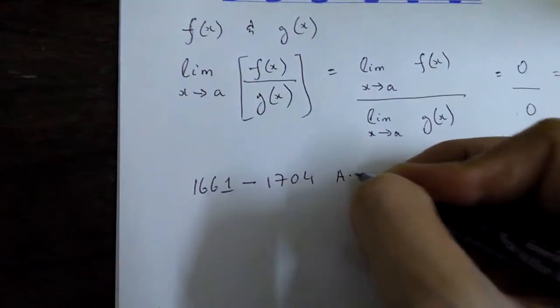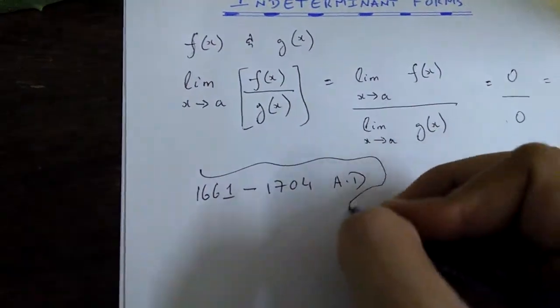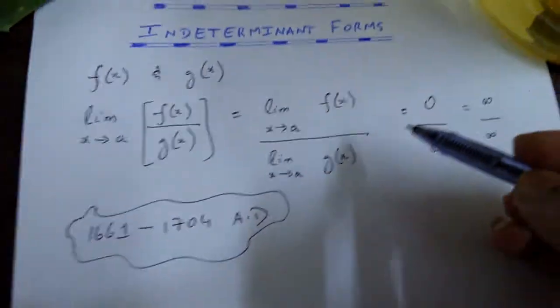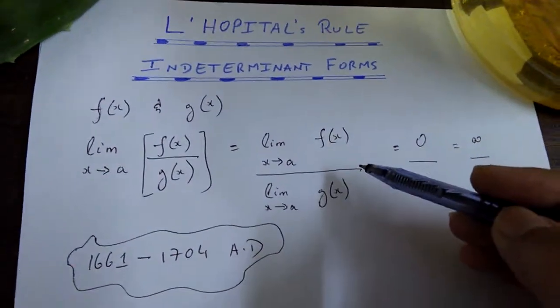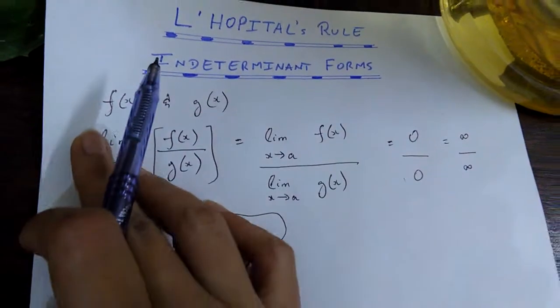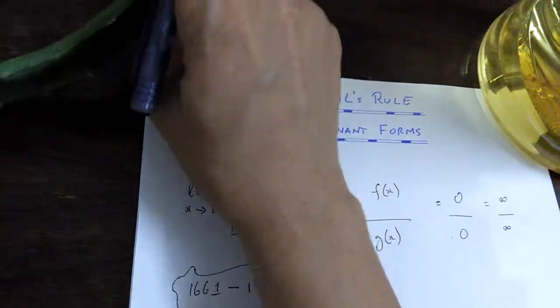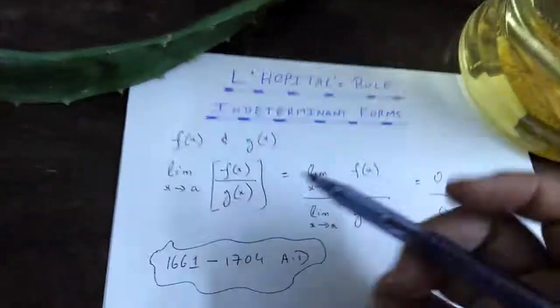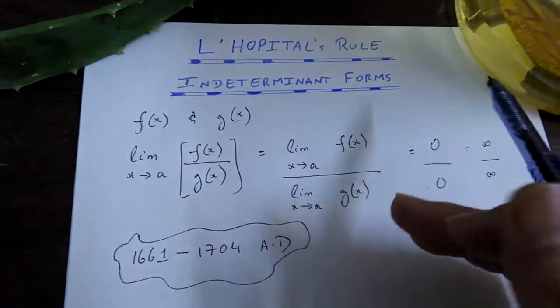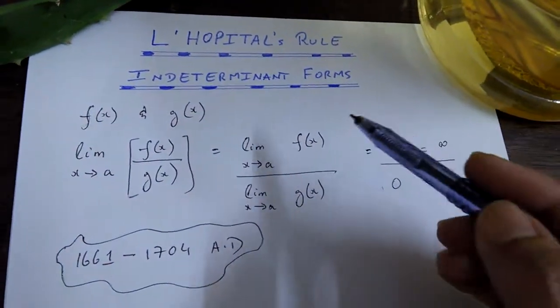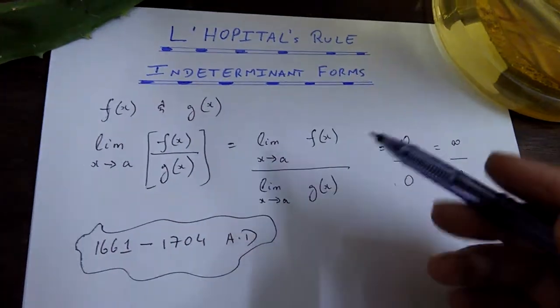He introduced a method in which he dealt with such indeterminate forms and sorted them out in a quite logical way. How we are going to apply this rule, what the methodology is, that's what we are going to study and understand in this video.